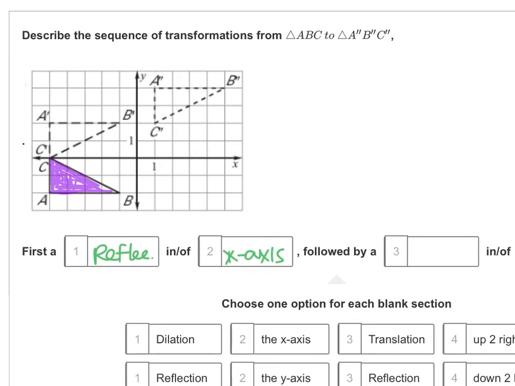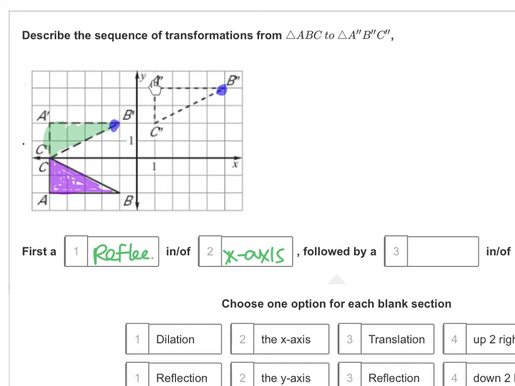And then for the next one, see how it kind of just slides across our coordinate plane? I personally would pick a point, so I'll pick B prime, and then find where B double prime is. So let's count. I go from here to here, so it looks like I go up 1, 2, and then 1, 2, 3, 4, 5, 6 to the right.